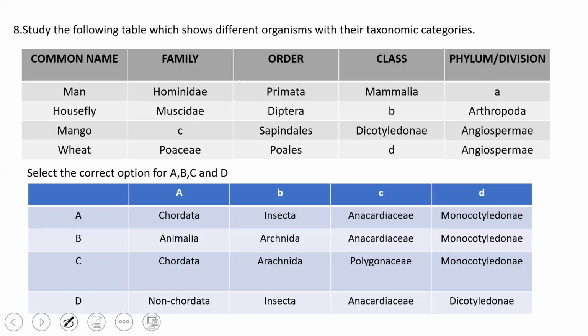We need to select the correct option for a, B, C, and D. So what is A here? We know that Hominidae is a family, Primata is order, class Mammalia. The phylum with regard to this is Chordata.